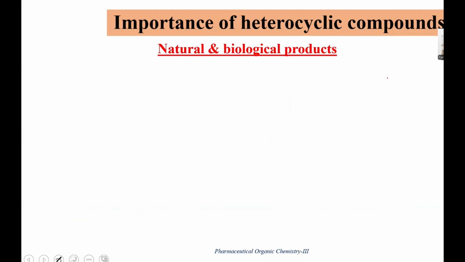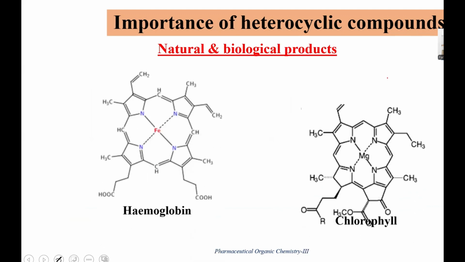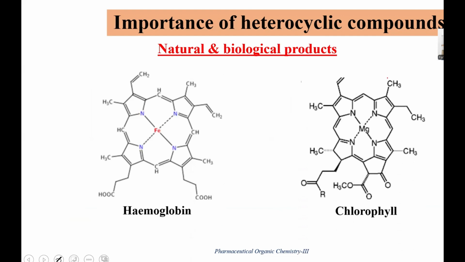Similarly, natural and biological products such as hemoglobin and also chlorophyll contain heterocyclic systems. You can see both of these structures basically consist of pyrrole ring systems. These 4 pyrrole rings are fused in a network form, and this particular core ring system is known as the porphyrin ring system.